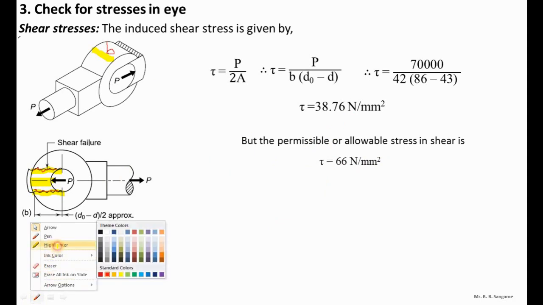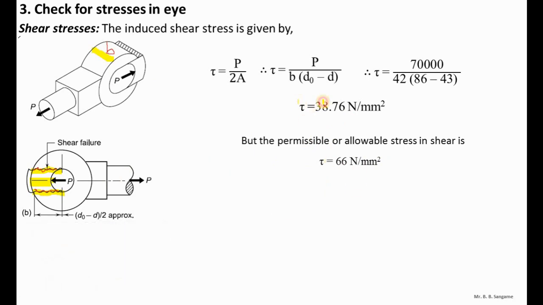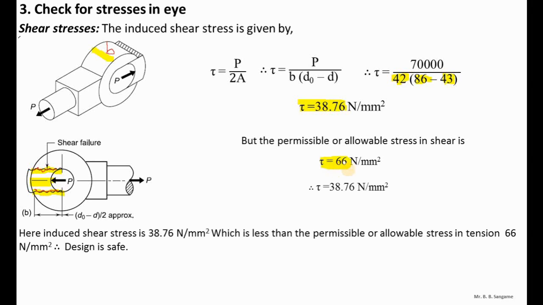This is the induced shear stress for the eye thickness of 42 mm, the outer diameter of eye of 86 mm, and the pin diameter of 43 mm. The induced one is less than the permissible one, so our design is safe.